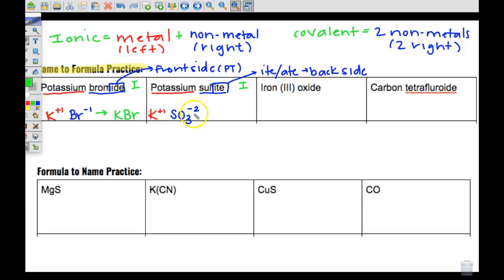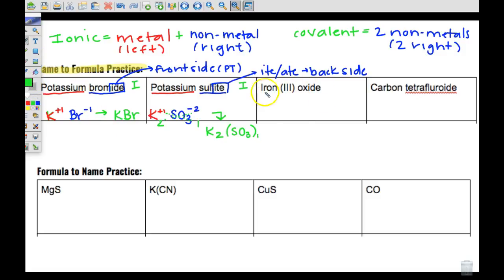So because these are not the same number with opposite charges, I'm going to have to crisscross charges. So I'm going to bring down this 1, and then I'll pull down this 2. So my chemical formula is K2, and because I pulled sulfite from the back side of the periodic table, I could put it in parentheses, and then the 1 would technically go on the outside.